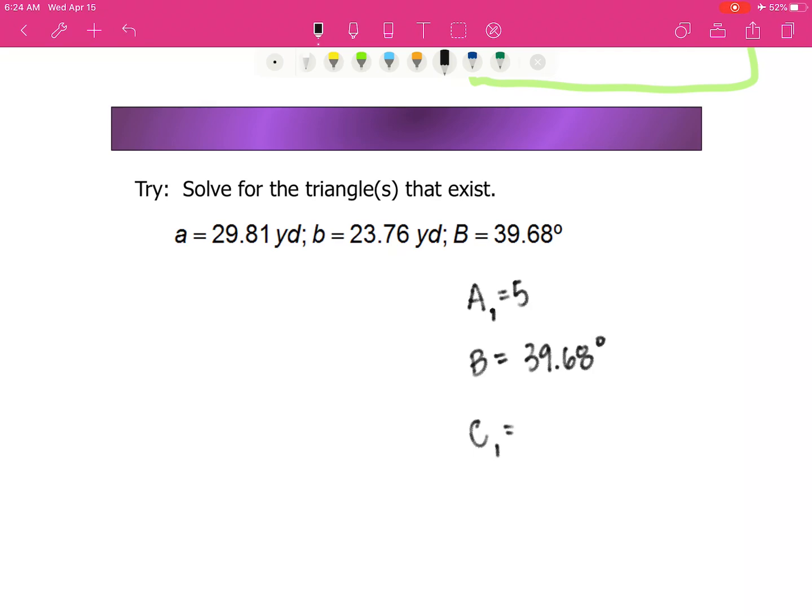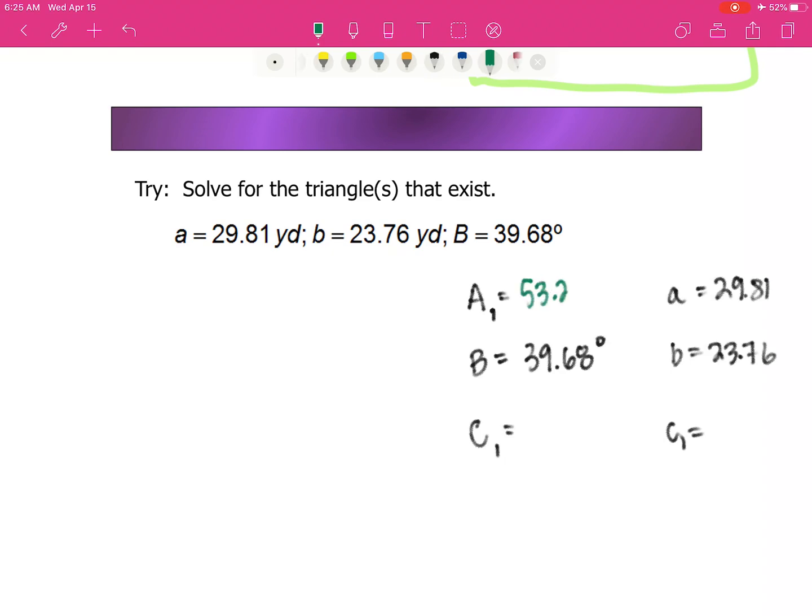Actually, let me do that in color so that you know which part was which. So let's do this in color. I got 53.23 degrees, 87.09 degrees, and 37.16 yards.